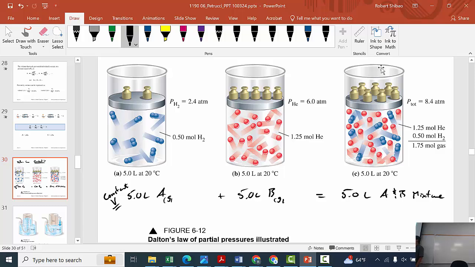We can also determine the volume fraction. So when we do volume fraction, what volume of hydrogen and what volume of helium do we have here? Well, what volume we have depends on if you're talking about Daltons or if you're talking Avogadros.